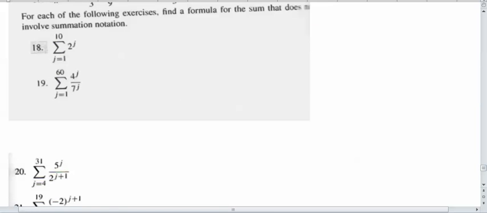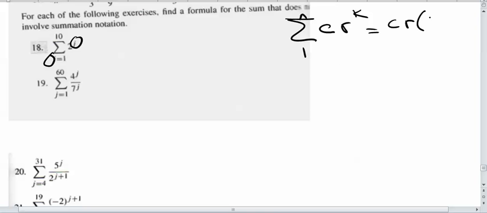All right, our third formula, remember the geometric formula, was when you had the index as an exponent. Well, here it is. This is that case where we have summation, 1 to n, some constant, and our number raised to the index, right? And our formula was c times r, times 1 minus r to the n, divided by 1 minus r.